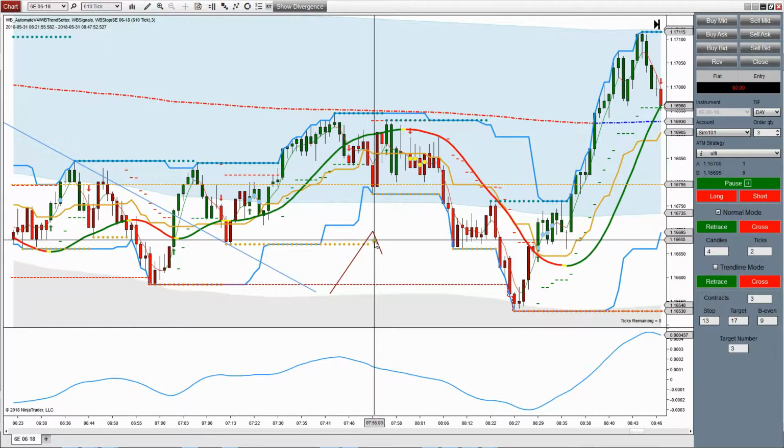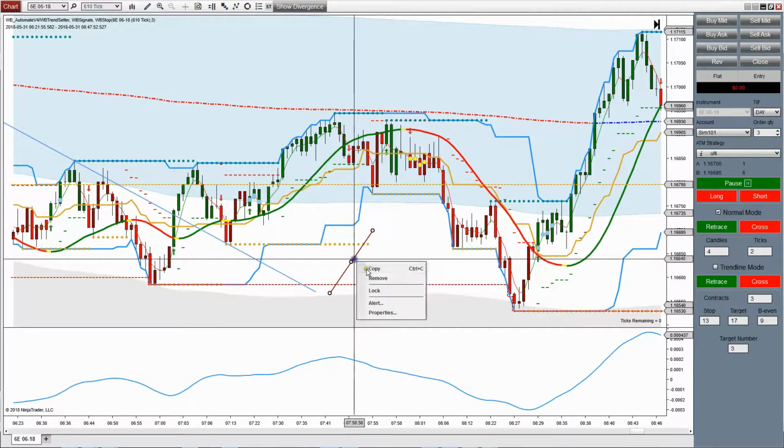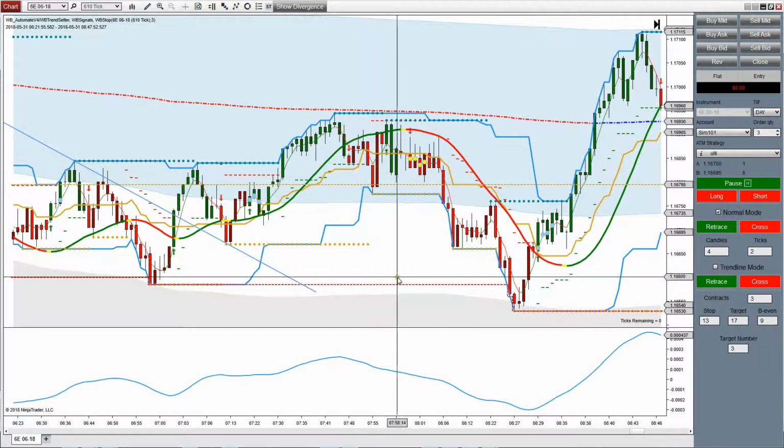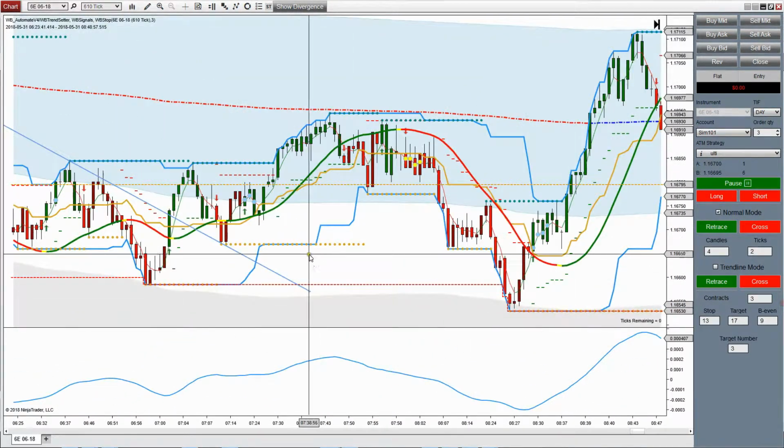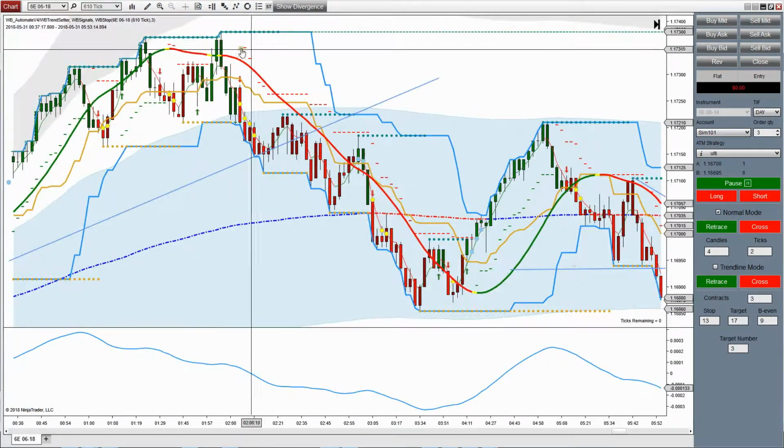And we take advantage of that retracement to find a precise entry. As we all know, in day trading, precise entries are basically the difference between success and failure.